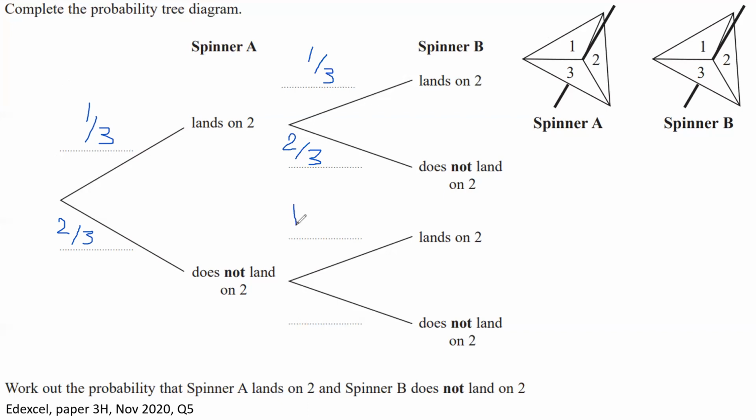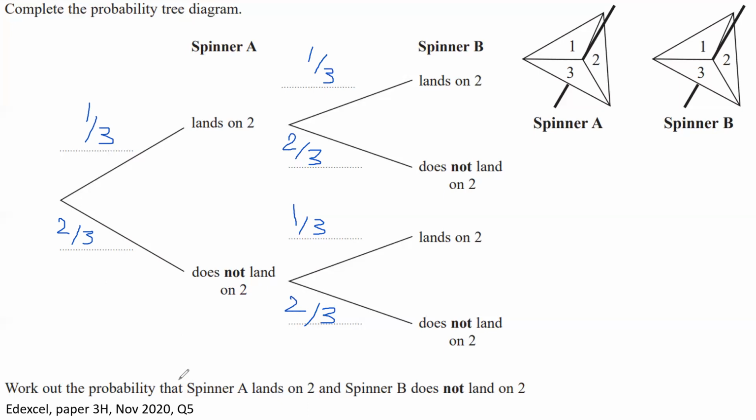Spinner B is either landing on a 2, which would be the probability of 1/3, or not landing on a 2, so 2/3. Okay, so we have completed the probability tree diagram for this. All the probability tree diagram does is look at the probability that it does or doesn't happen. Essentially, you've got 2 outcomes in this case, and that's what we've been asked to work out.